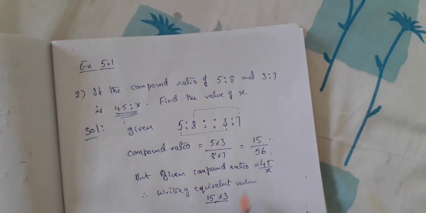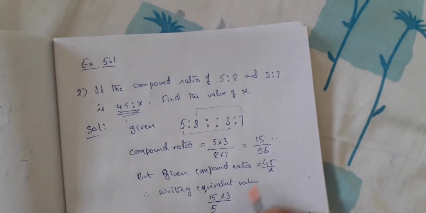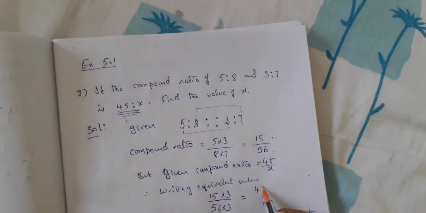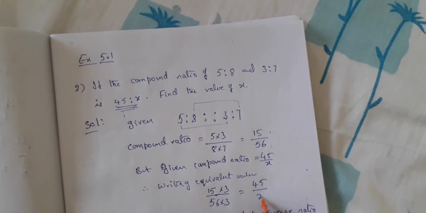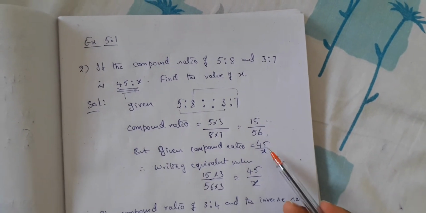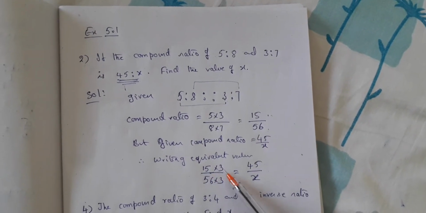So 15 into 3, and obviously 56 into 3. So this is going to be equal to 45/x. To convert our numerator value 15 into 45, we have to multiply, is it not?